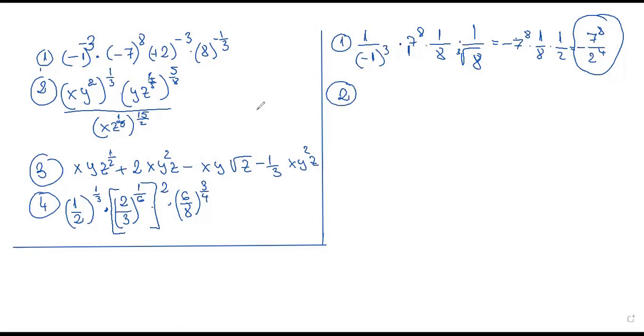Okay, so that becomes cube root of x and cube root of y squared and then times 1/8 root of y to the 5 and then square root of z.